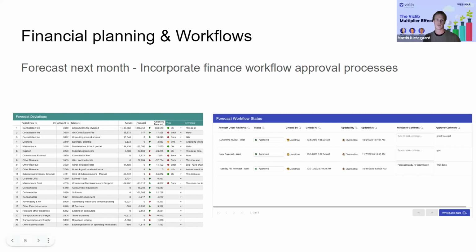To your left, you can see a writeback table with all the different reports that have come in and all the different numbers. Here you can have indicators on each one of those rows. You might want to reject something, approve something, or want more information on something before you proceed with your financial planning, and put comments on that.